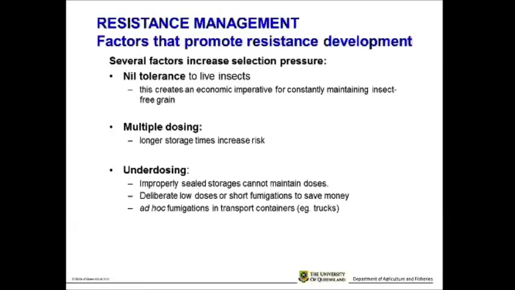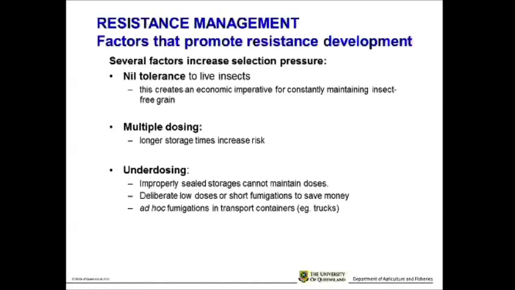Basically, if you can find a live insect in a parcel of grain, the industry considers that grain unfit to sell because they market it as insect-free. So that applies a massive selection pressure, really, about trying to maintain that grain without insects. So the economic threshold is set very, very low. And that, of course, pushes on to multiple dosing, which increases the risk of selection, especially of strong resistance.